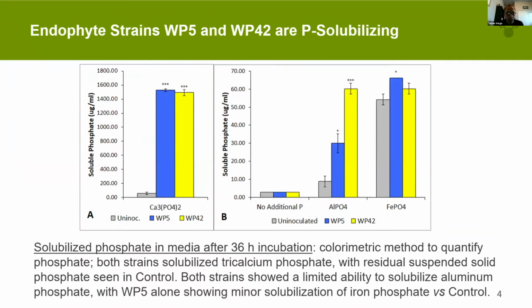Before moving on to the X-ray studies, we showed in the lab using colorimetric assays that the two select strains, WP5 and WP42, are indeed able to solubilize phosphates.